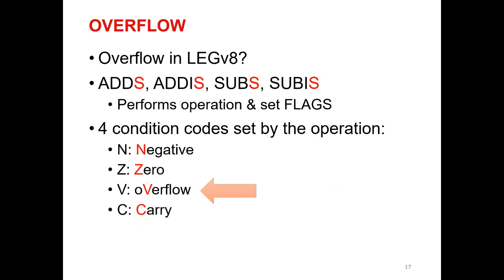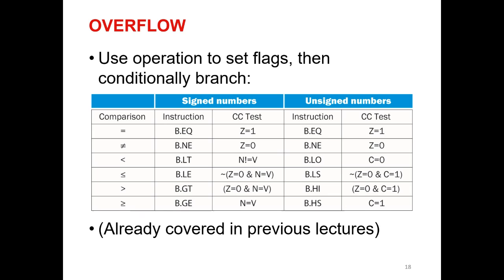If we come back to what we saw in past lectures, we can now understand the rest of the branches. Remember that we have used all these branches for conditionally jumping to a label in our LegV8 code, and now we can understand this. With branch equal, we mentioned that if the condition code zero was set, it means that the numbers were equal, and if it was not set, it means that the numbers were not equal.